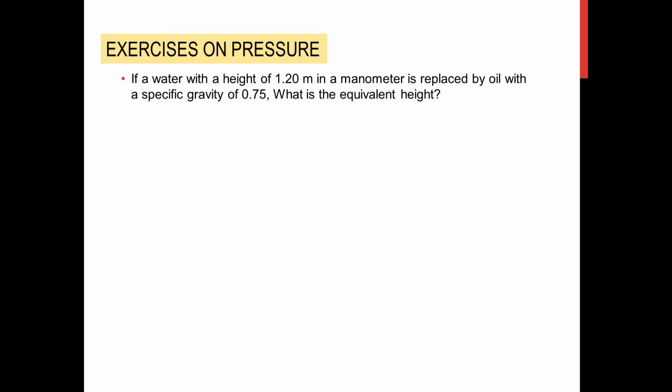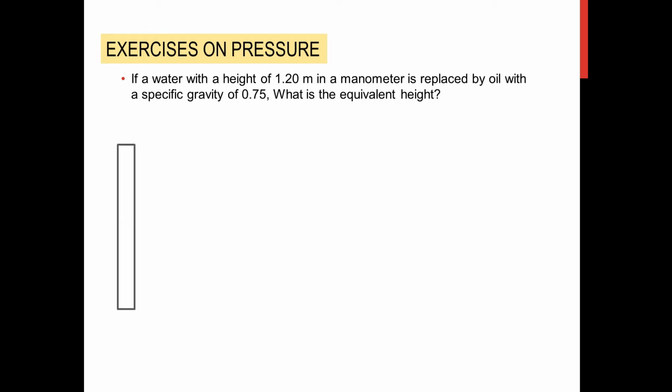So moving on to another example. If a water with the height of 1.2 meters in a manometer is replaced by oil with a specific gravity of 0.75, what is the equivalent height?